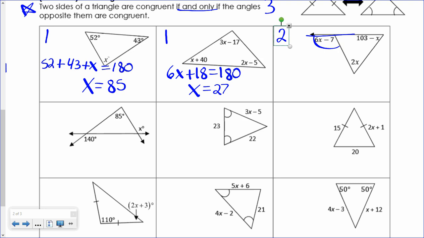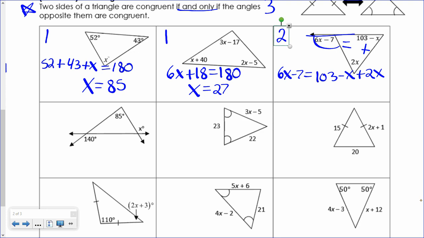Added together? Yeah. Right? So the exterior angle, 6x minus 7, should be equal to the two angles across from it on the inside added together. So that would be 103 minus x plus 2x. That's our exterior angle theorem. The outside angle is equal to the two inside ones added together.